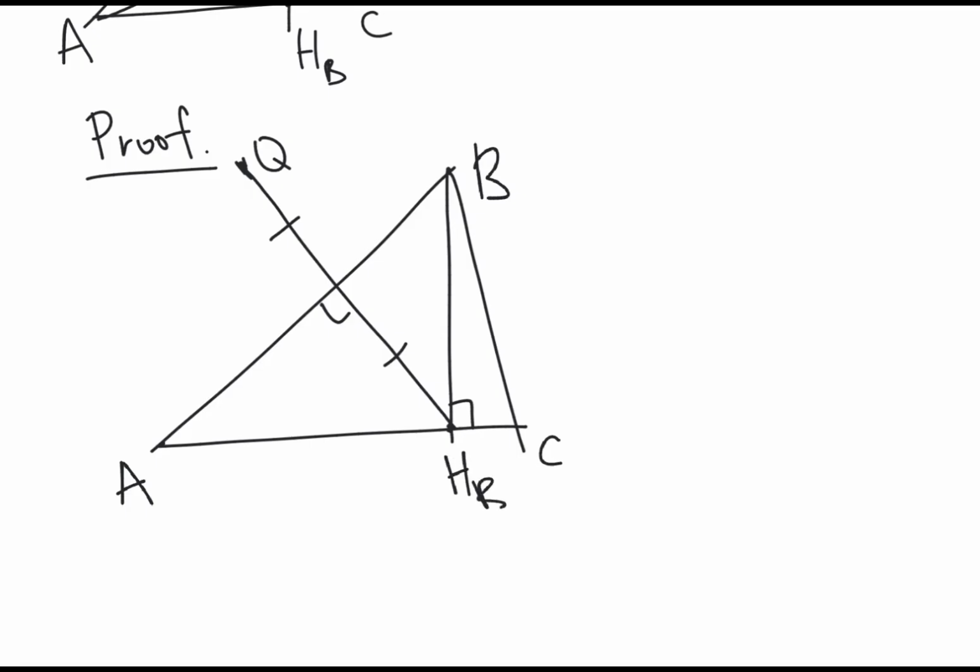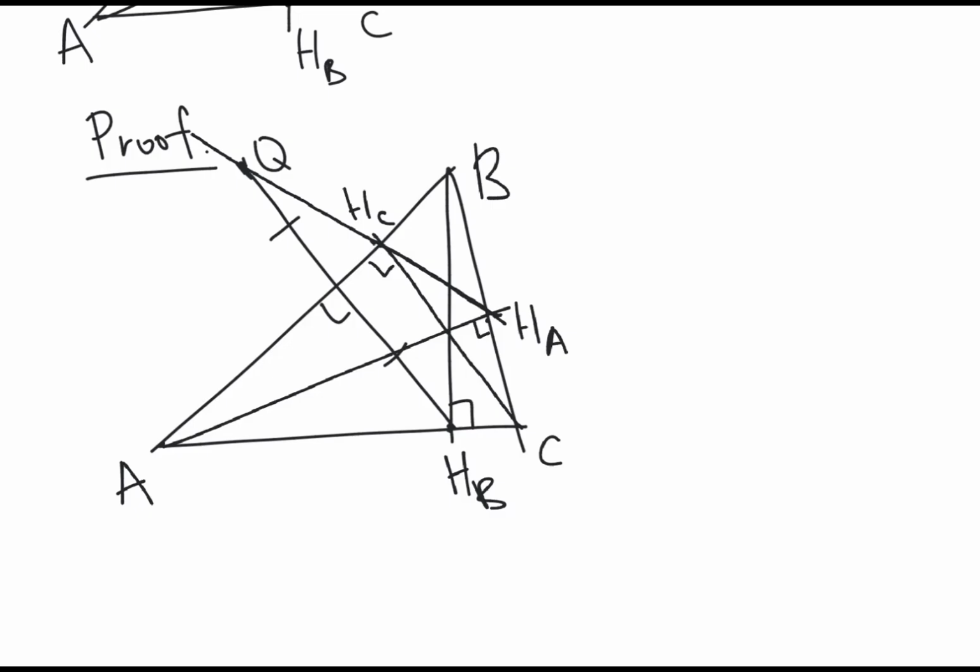B, C, H_B, H_A, H_C, and so now we draw the line H_C H_A, and instead of considering the point Q, so we don't yet know if Q lies on this line, we consider the intersection point of this line H_C with the line H_B, like this point.